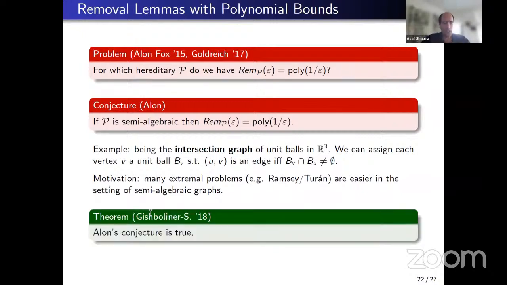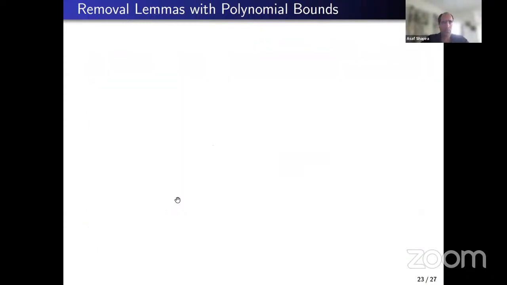With Gishboliner, we proved that Alon's conjecture is indeed true. This was done by using some of the methods used to prove the result in the previous slide, together with some other ideas that are specific to the family of semi-algebraic properties. Note that semi-algebraic properties are not finite. They cannot be characterized by a finite number of forbidden subgraphs.